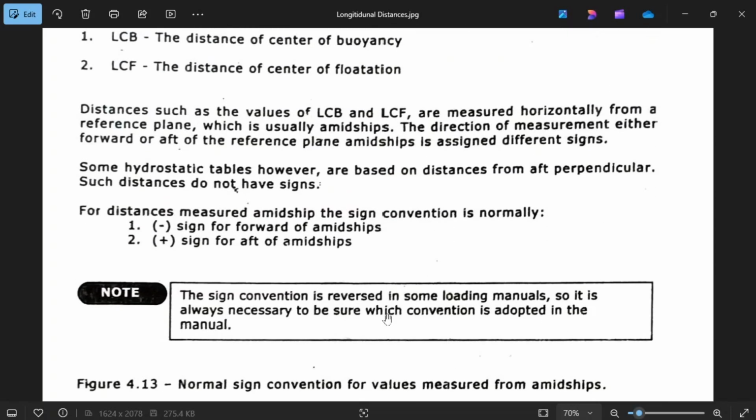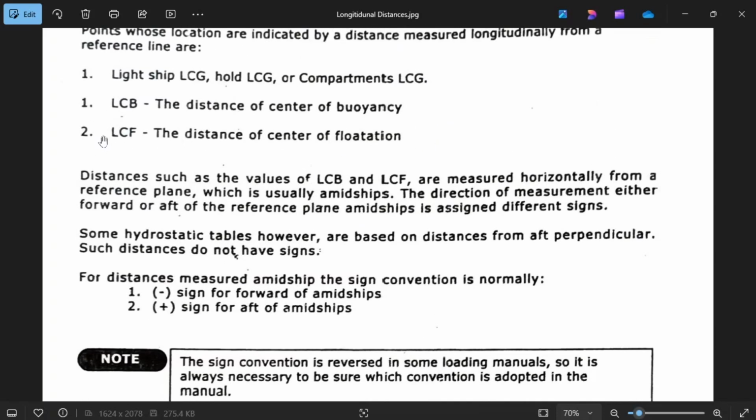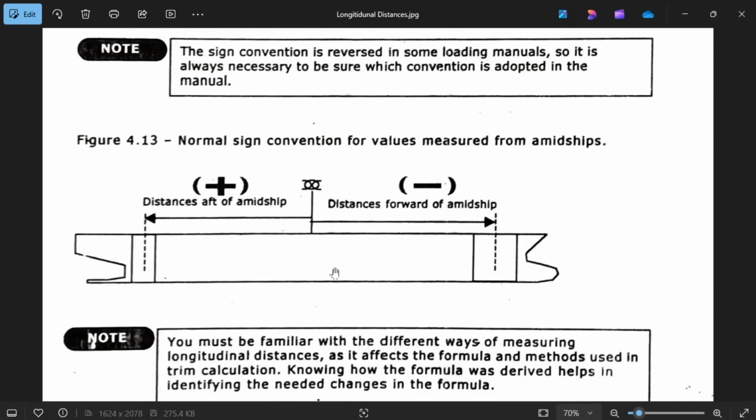Now, the longitudinal center of flotation, the distance of the center of flotation. Your center of flotation can be in the center, or forward of your center, or aft of your center.